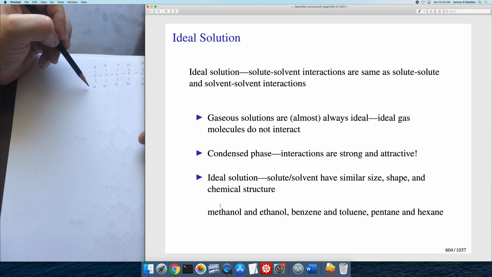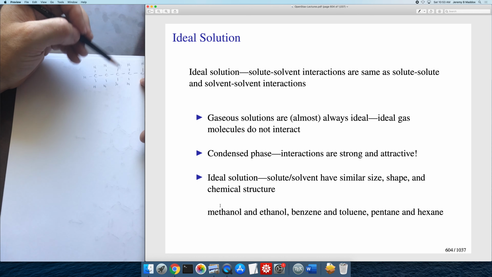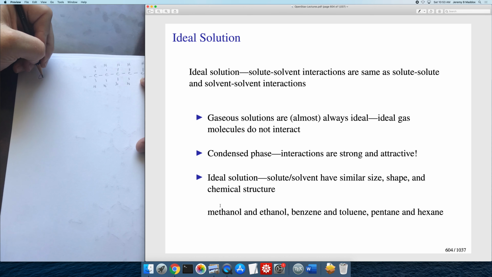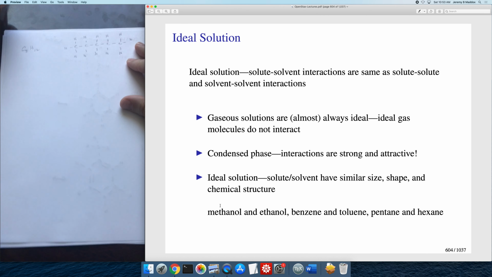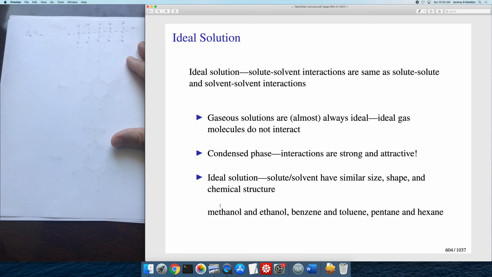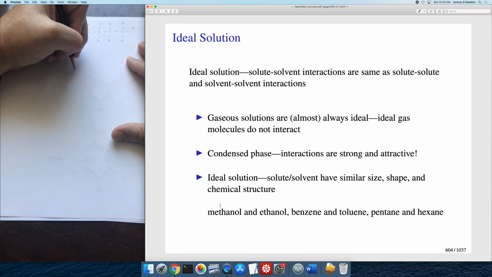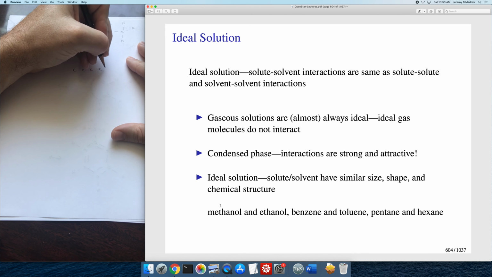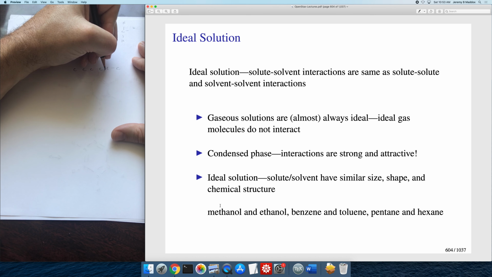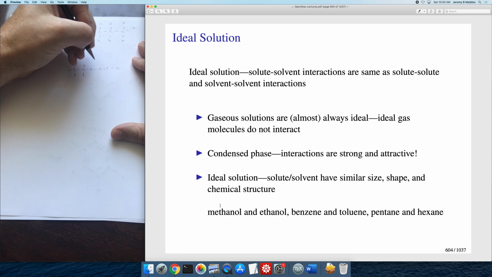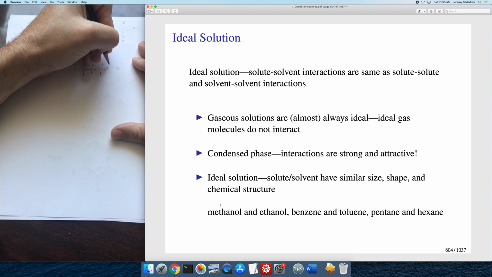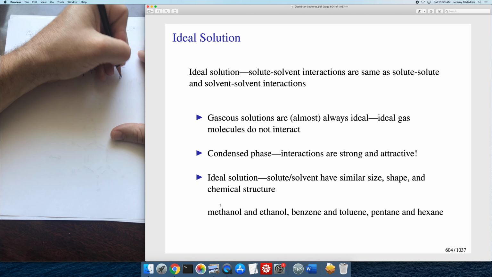So we've got 3, 6, 7, 8, 9, 10, 11, 12. Okay, so that's pentane. That's its structure. And then we can do hexane: 1, 2, 3, 4, 5, 6. It's the same deal. The rest of the bonds are all to hydrogen.